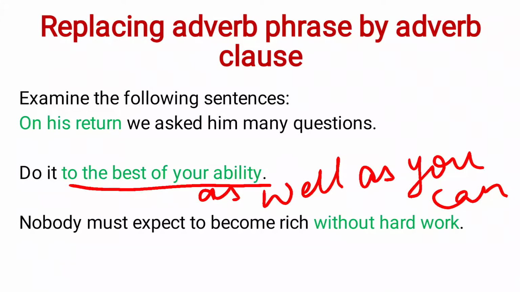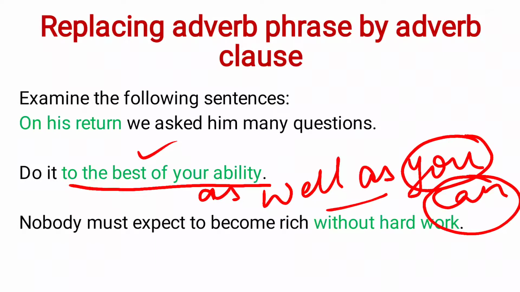So here we did not have subject and verb combination, and that is why it was an adverb phrase. But here we have a subject and a verb combination, and this is how we can replace an adverb phrase with an adverb clause easily.